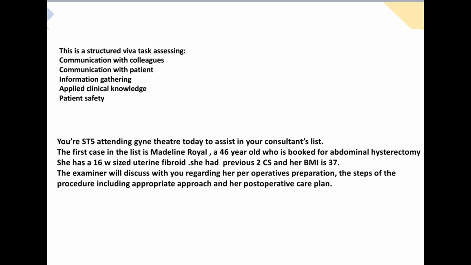We need to let her know about good hydration and early mobilization, and some of them will need blood thinning agents. That depends on their VTE risk assessment. Some of the patients are already on blood thinning agents, and that's why we need to do bridging thromboprophylaxis. So it's very, very important to know what the patient is taking for coagulation.